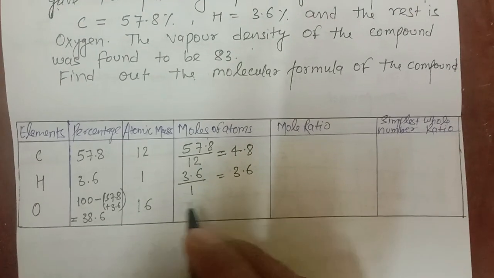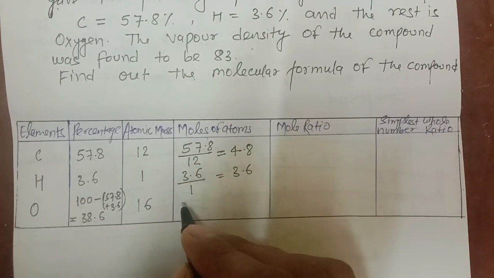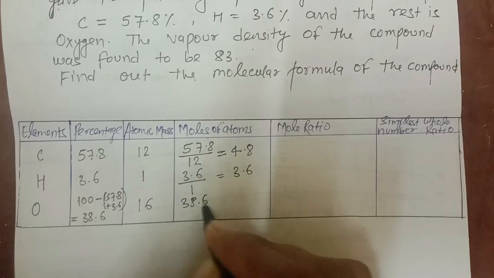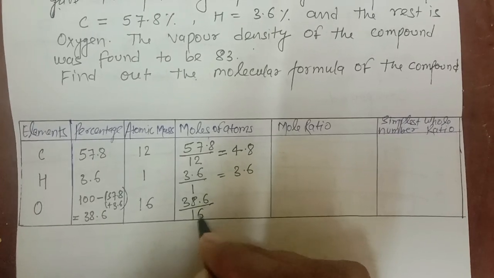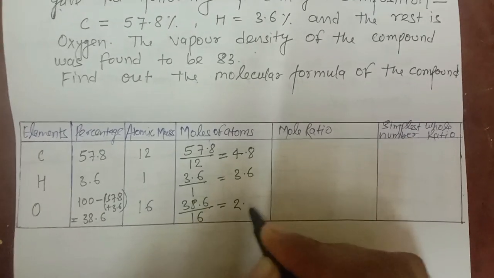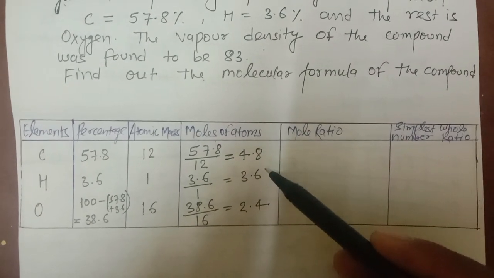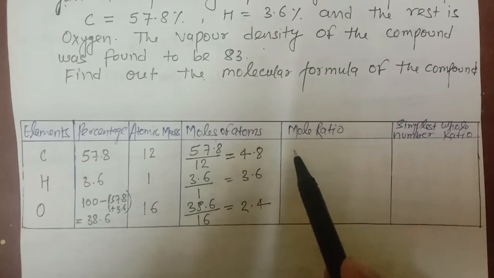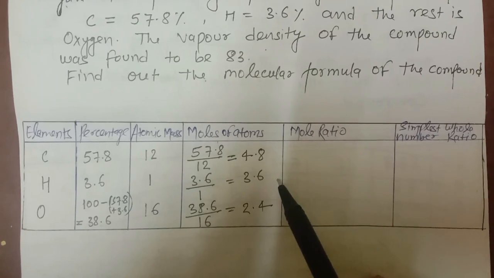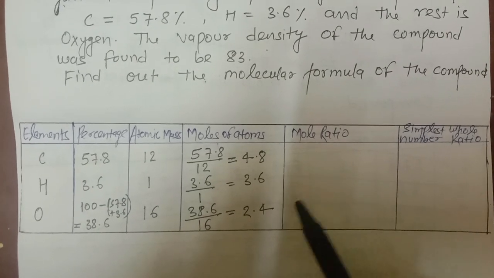For oxygen, mass is 38.6 and atomic mass is 16, you will get 2.4. So the number of moles of carbon is 4.8, hydrogen 3.6, and oxygen 2.4.